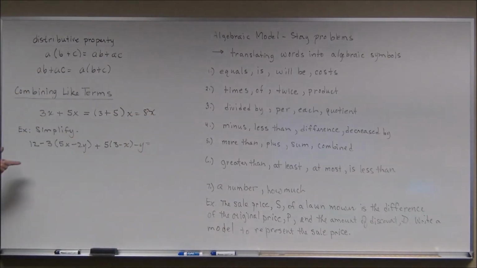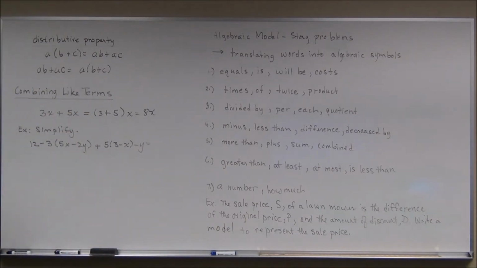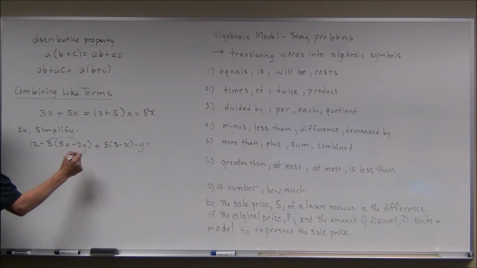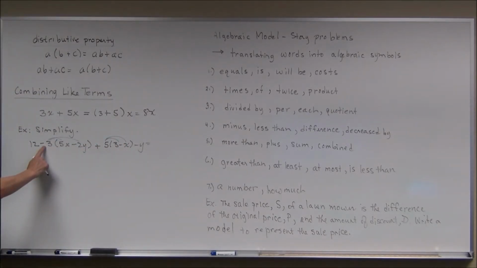And we can use that to simplify expressions like the one here below. Now, this is a little more complicated, and we're going to have to distribute a couple of times. I'm going to grab a different color pen here. I'm going to use the blue pen because I can see I'm going to have to distribute here, and I'm going to have to distribute here. Now, I have to be extra careful here because of the subtraction sign. Because that subtraction sign, I'm thinking of that like a -3 here.